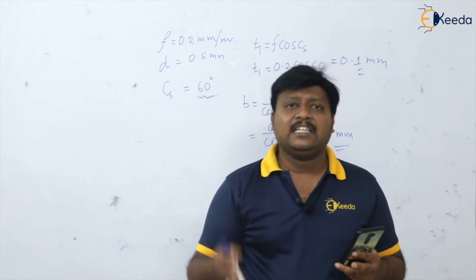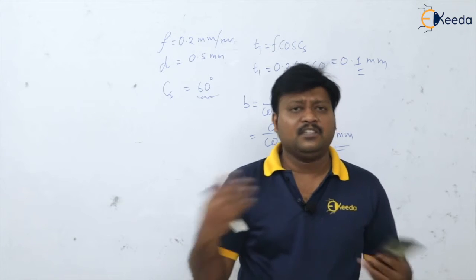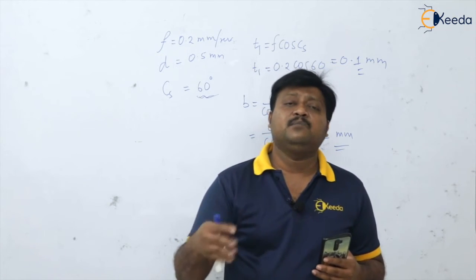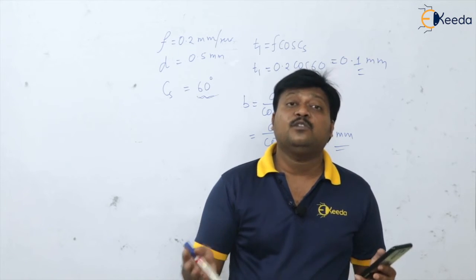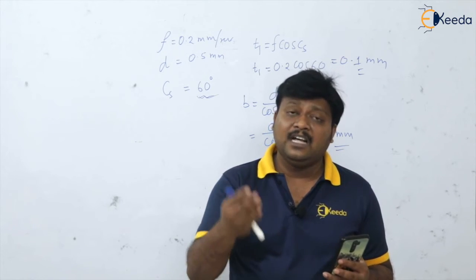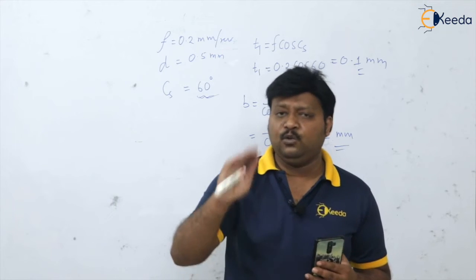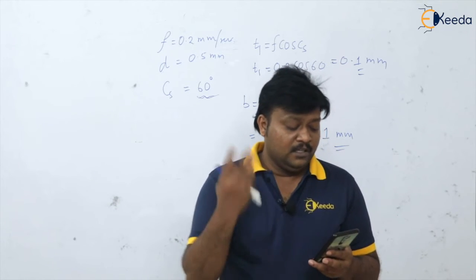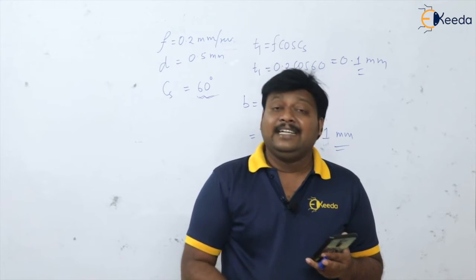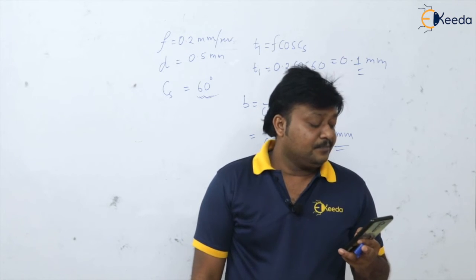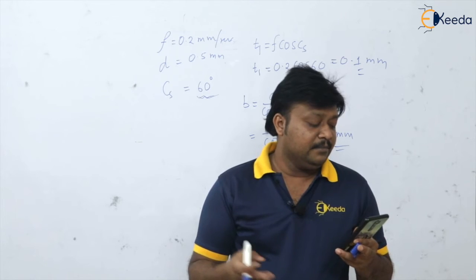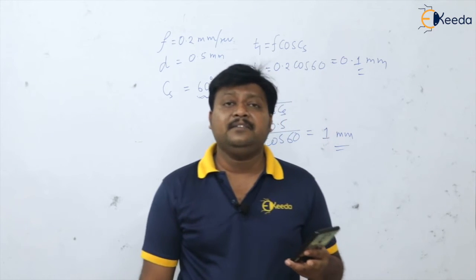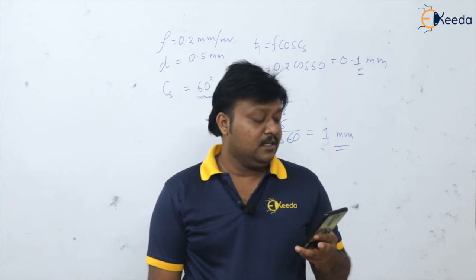So rubbing action is more than the cutting action, that's why thrust is more. That is the reason why the grinding operation becomes inefficient, because of the large amount of specific cutting energy. Low MRR, high thrust forces, so specific cutting energy is more. So of course grinding is the correct answer. Options are turning, milling, reaming, and grinding. So high specific cutting energy is only in the grinding operation.